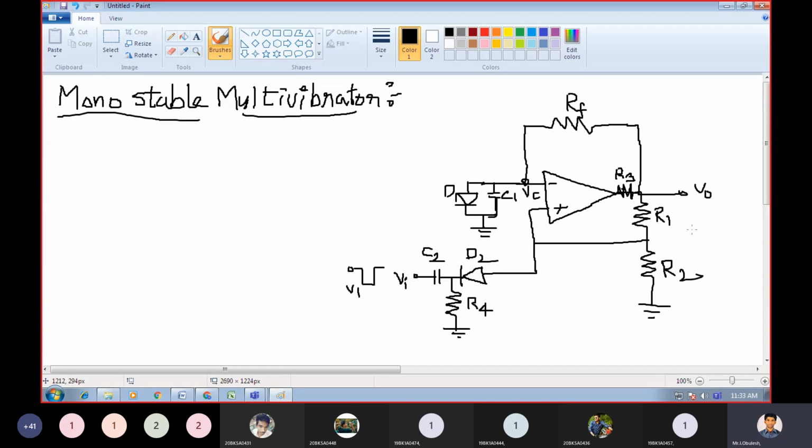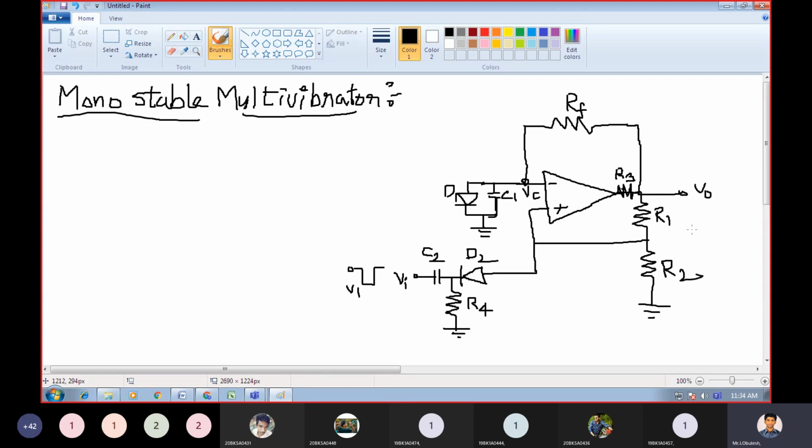The width of the output pulse depends only on external components connected to the op-amp.